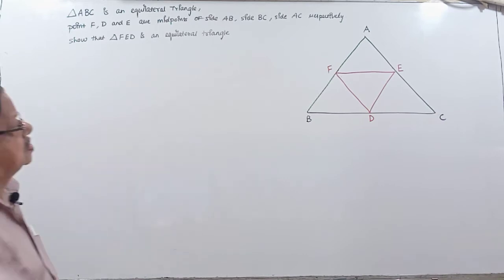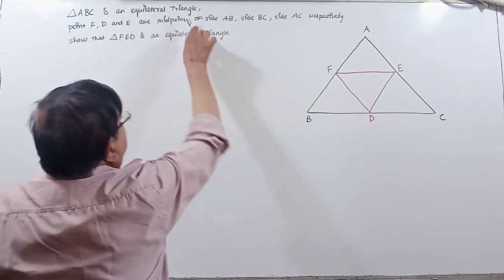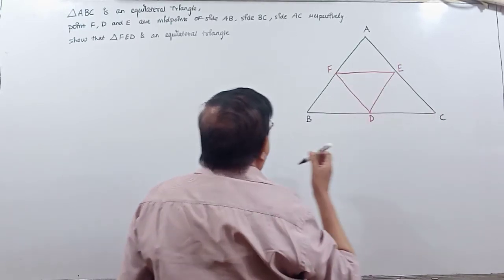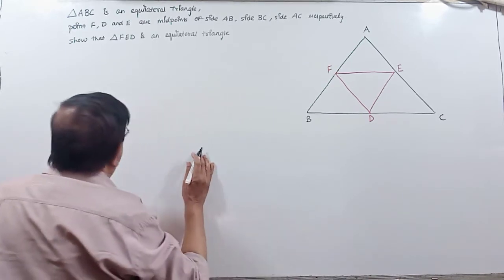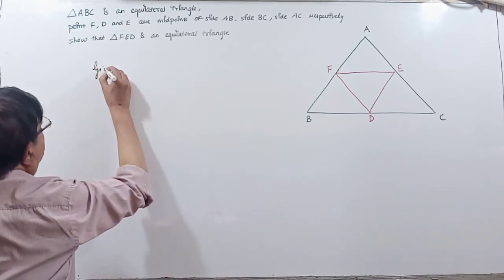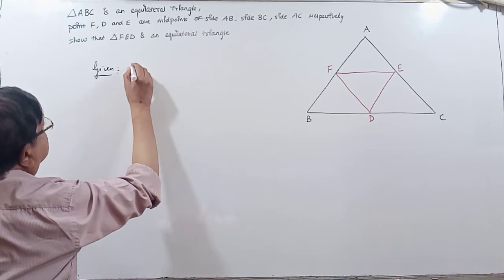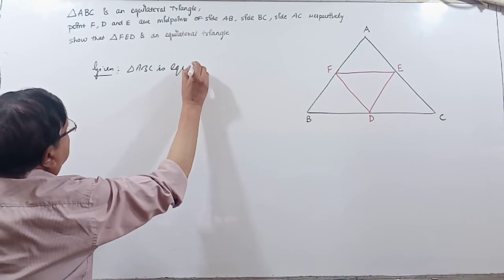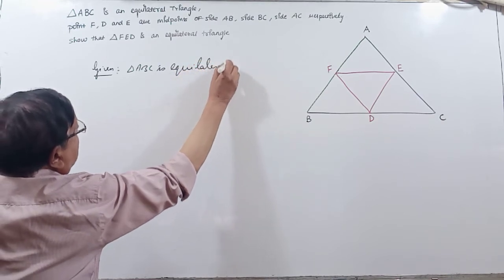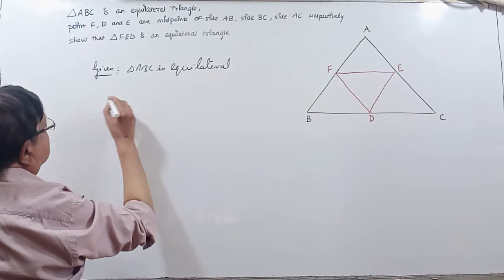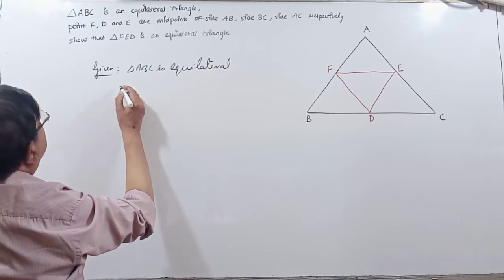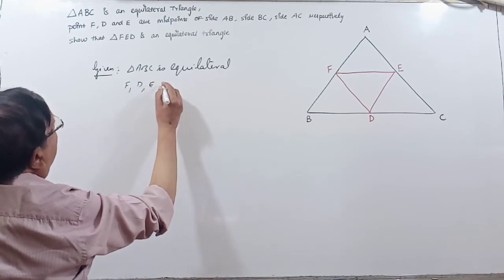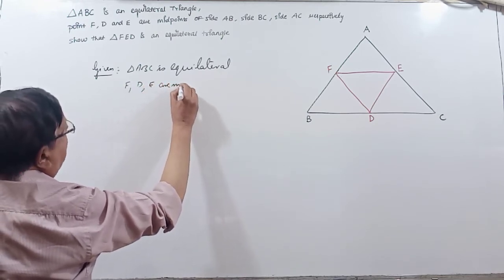Right, students, the new sum. ABC is an equilateral triangle, given. F, D and E are midpoints.